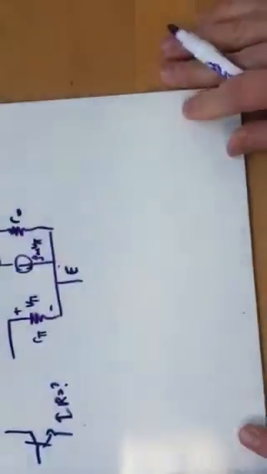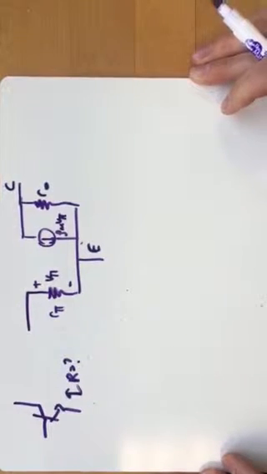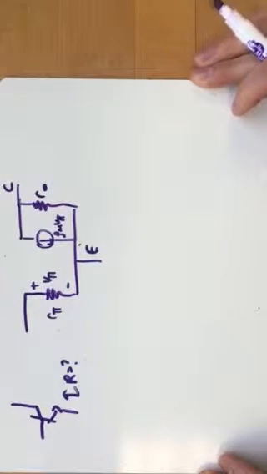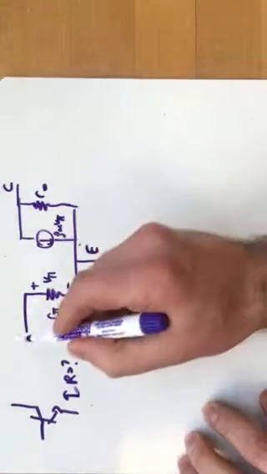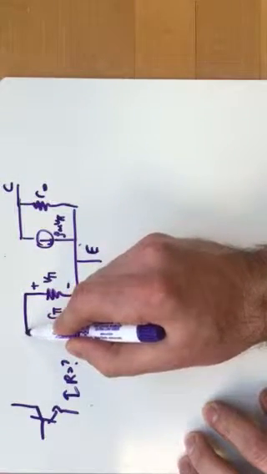Now the more complicated one. What happens if you look at the output resistance from the emitter? Now you're gonna do the same thing. We're gonna short the input.